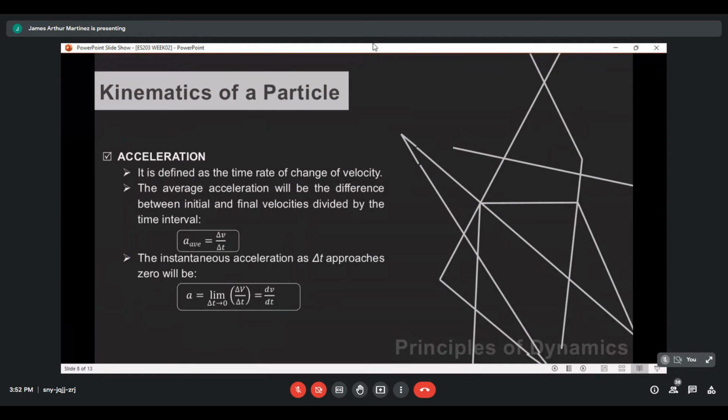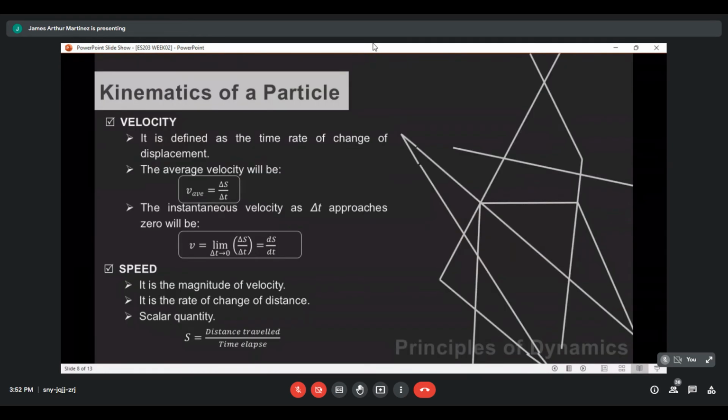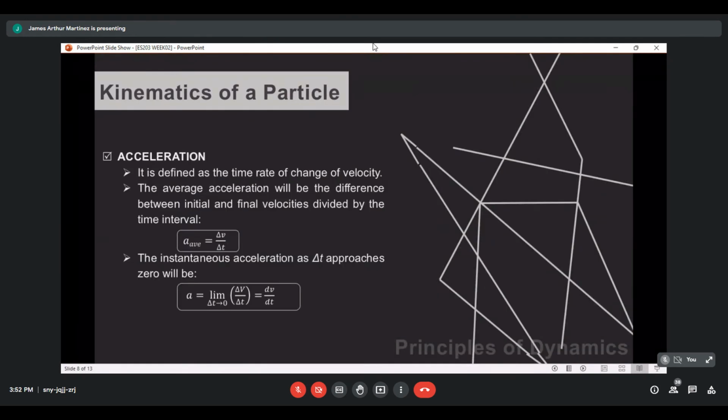The average acceleration will be the difference between initial and final velocities divided by the time interval. So it is the same formula as average velocity, no? It's just that here we have change in velocities, since acceleration is defined as the time rate of change of velocity.